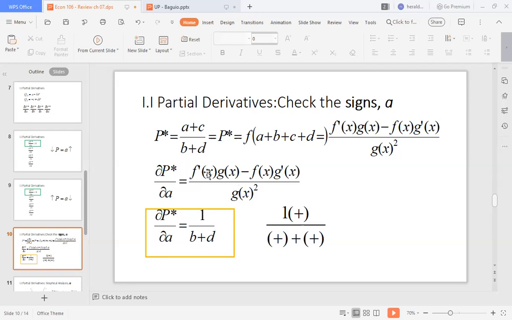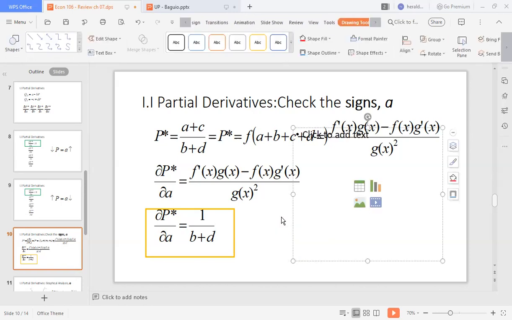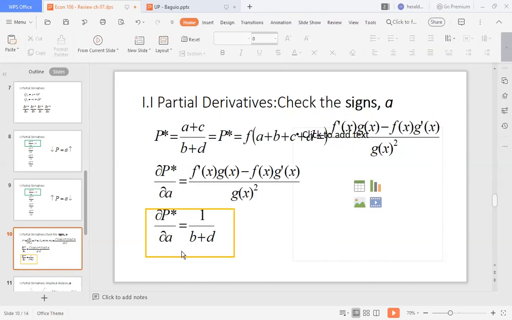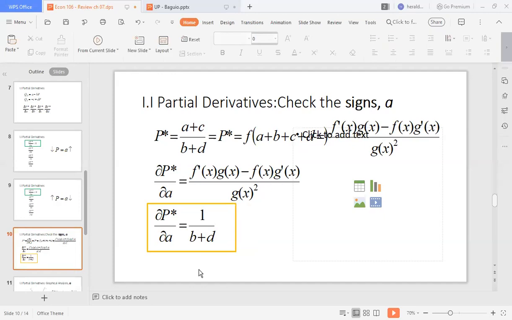So again, you just use the quotient rule here, and you have your partial derivative, which is equal to 1 over B plus D. Okay, so I hope this one is clear. Again, what we did here is just getting a partial derivative. We're using the quotient rule.